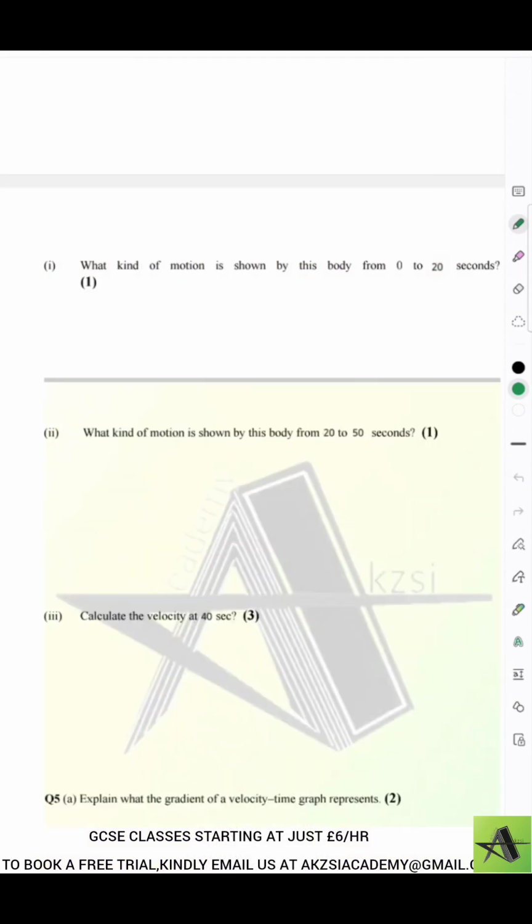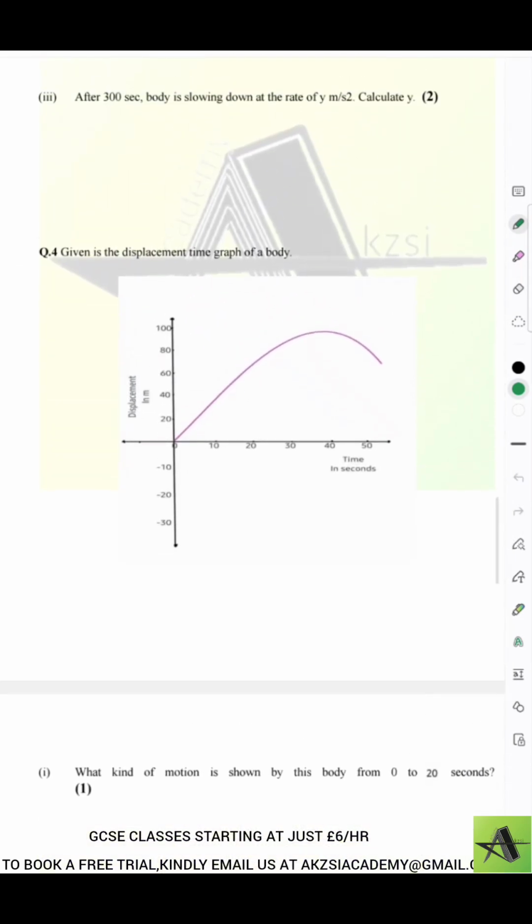Now calculate the velocity at 40 seconds. At 40 seconds, if it's a straight line, it's easy to calculate the gradient, but if it's a curve, the only way is to draw the tangent at that point. So I have to draw a tangent at 40 like this, and calculate the gradient of this straight line. Basically we have to pick 2 points, approximately.